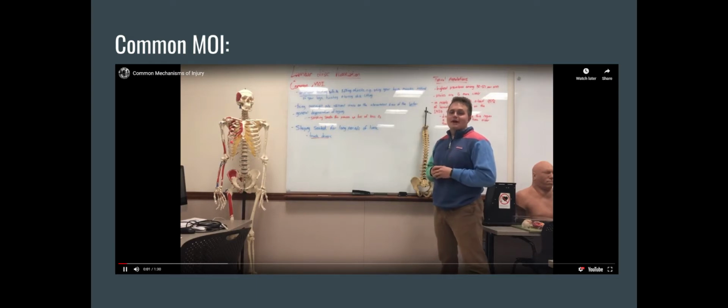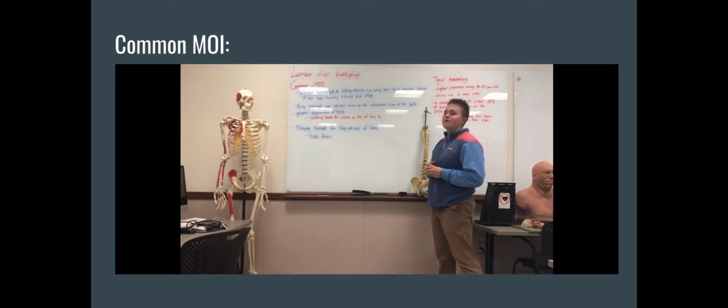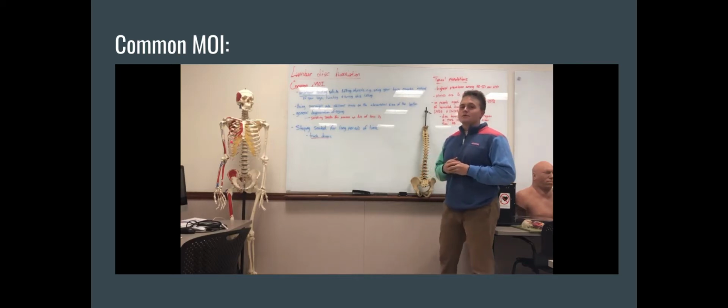When we look at common mechanisms of injury for lumbar disc herniation, one of the most common and frequent is improper loading, especially while lifting heavy objects, and when you use your upper and lower back muscles, especially your erector spinae, instead of using your legs as a propulsive force.